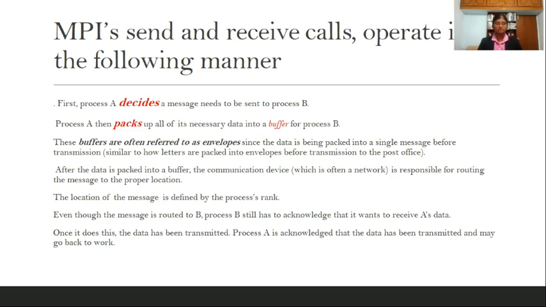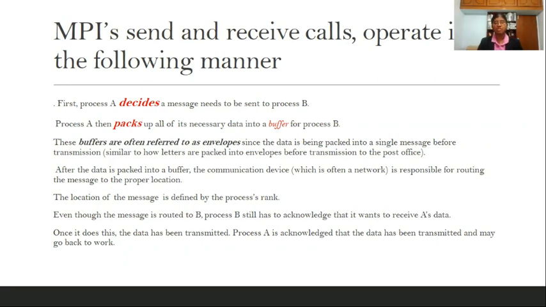These buffers are often referred to as envelopes, as we already discussed. Now, after these messages are put into the buffer, they need to be sent. And how are they sent? They are sent to a communication device. In our situation, the communication device is the network that is connecting all the required processes and devices.